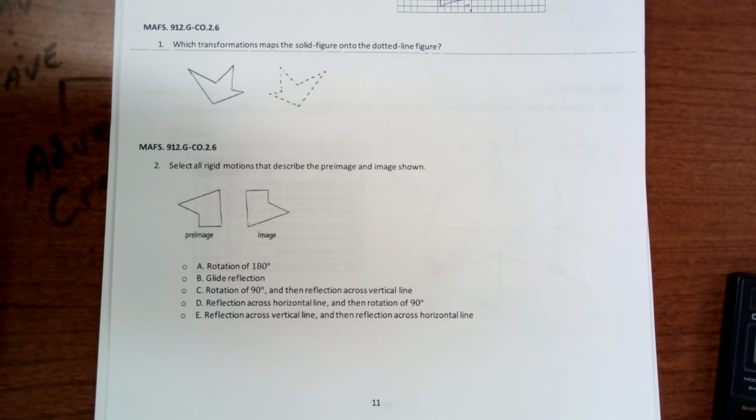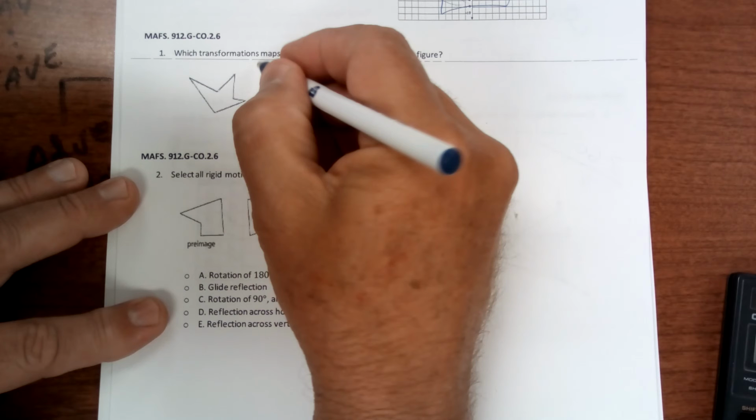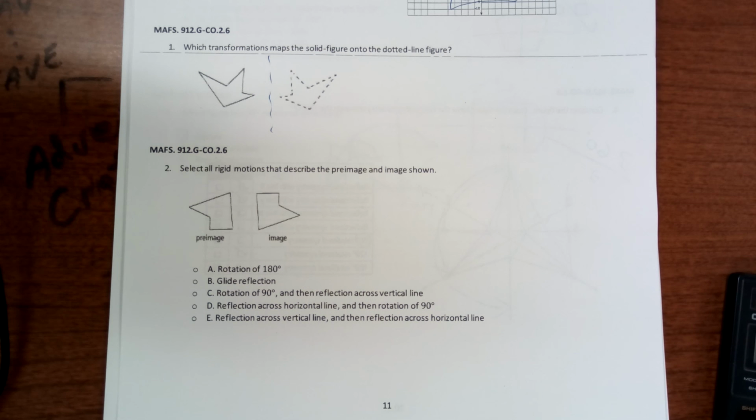And so what we're going to do when we take a look at this is what is going to map this onto this? Well, that's a flip. That's going to be a reflection, a flip. Okay? On the next one here, well, let me think here. If you rotate 180 degrees, is that going to work?